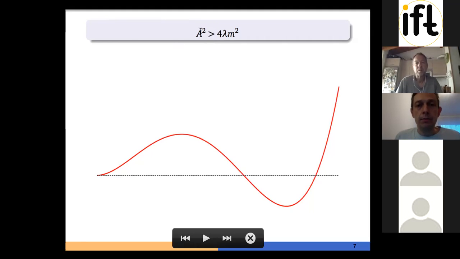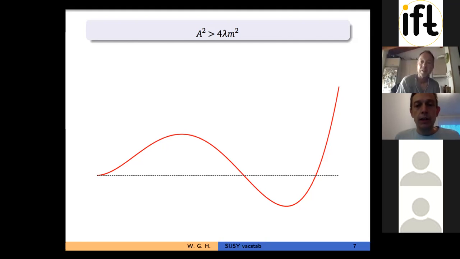And in case you are larger with a squared compared to this combination, then you get a new non-trivial minimum at higher field values. And now imagine here at the origin is the well-defined electroweak input value. Now you tune your A parameters in a way that suddenly at larger field values you generate a new vacuum related to top or bottom, stop or sbottom.